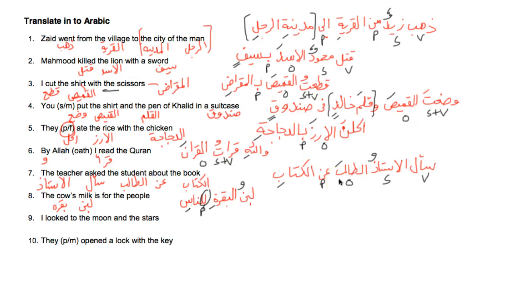Okay, let's move on. I looked to the moon and the stars. So I looked is nadar, the moon, al-qamar, and the stars, an-nujum. It's plural. So nadartu ila, to, remember that to there, al-qamar, the moon, wa an-nujum. نظرت إلى القمر. نظرت is verb subject. إلى القمر.